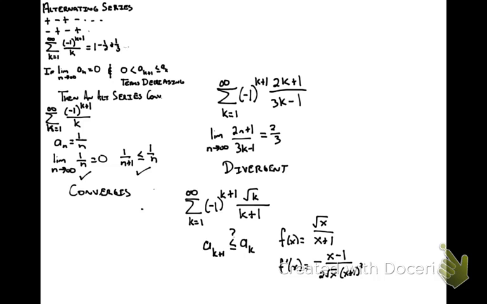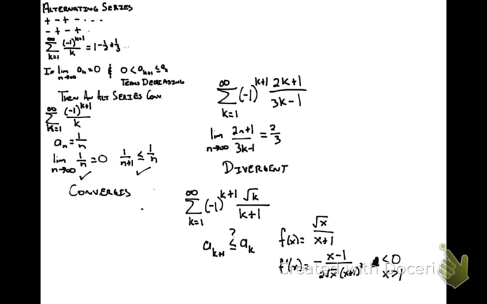And the thing to notice is that this derivative is always less than 0 for x greater than 1. Because as x gets bigger, the numerator will be positive times a negative, and for any value of x, the square root of it will be positive in the denominator.